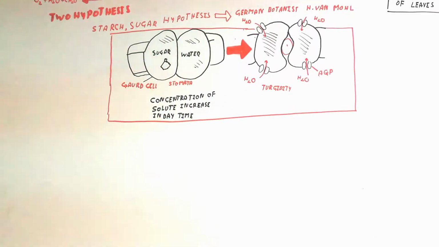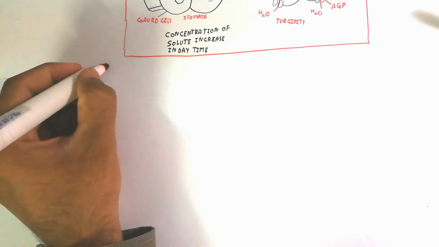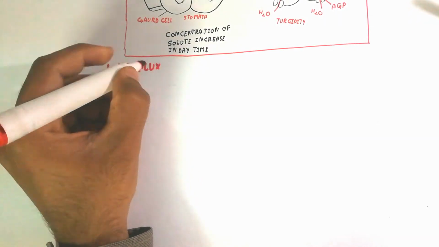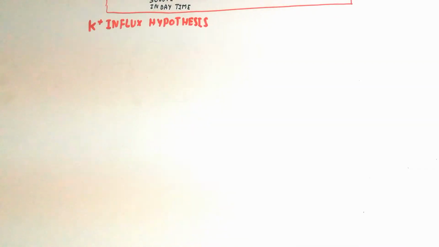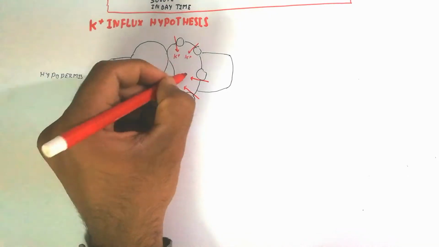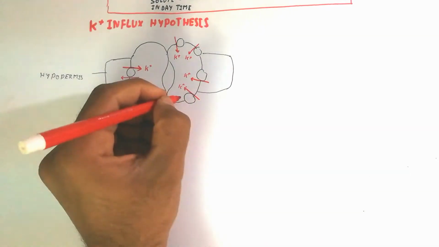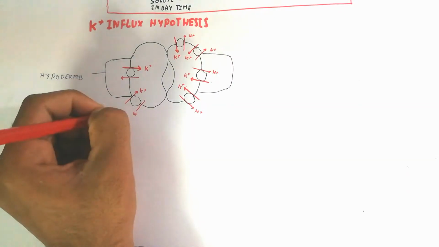I hope that makes sense: aquaporin channels are present in the guard cell, and water is absorbed into the guard cell by osmosis, because the guard cell contains too much sugar, and that's what was proposed. But on the other hand, we will talk about the potassium influx hypothesis.